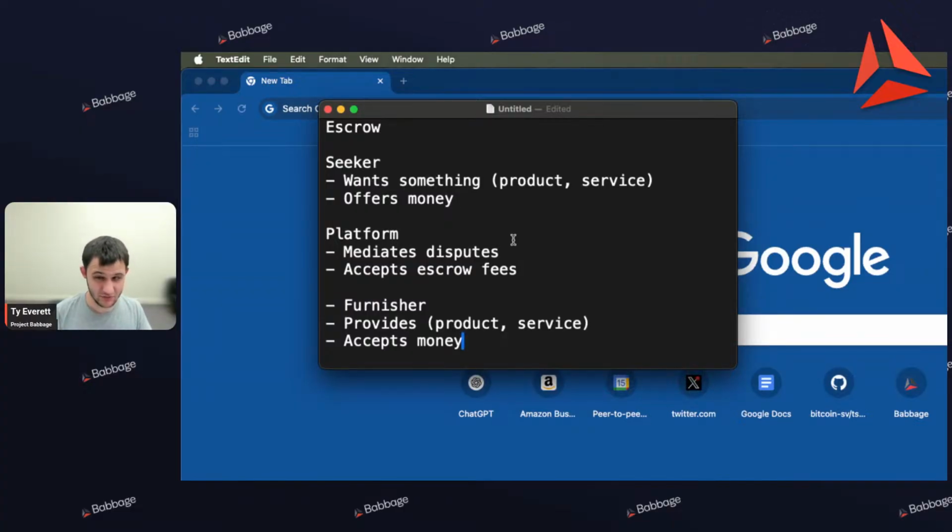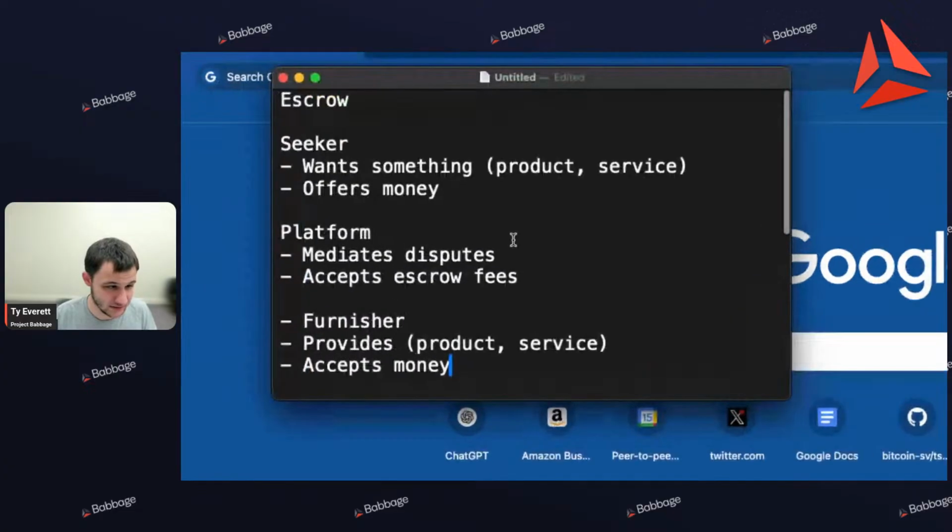The goal is going to be to design something that is enforced by the BSV blockchain network in terms of sCrypt. So we'll have a contract that makes sure certain rules are followed.